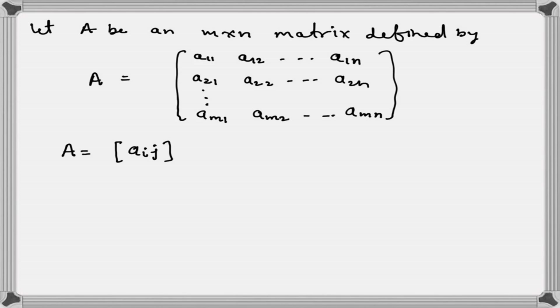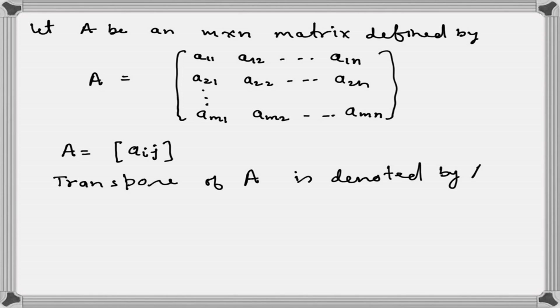Then let's define the transpose. Transpose of a matrix A is denoted by A transpose, AT, and it is defined by interchanging the rows and the columns.